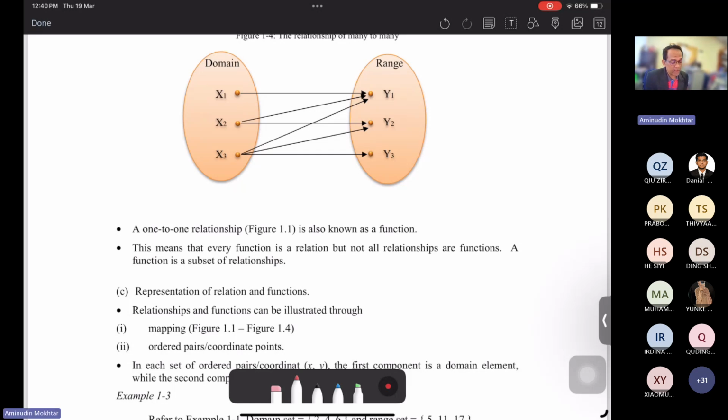So in other words, every function is a relation, because one-to-one is also a relation, but not all relationships are functions. A function is a subset of relationship. Maybe we have a relationship, it's not necessarily a function. And that's the difference between relation and function.